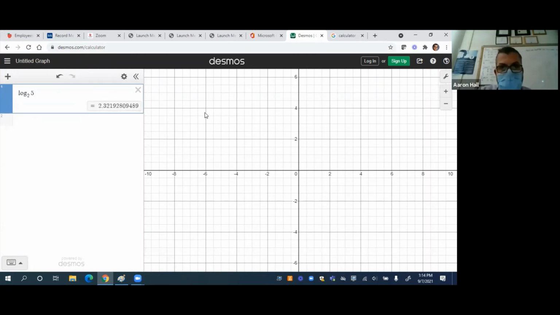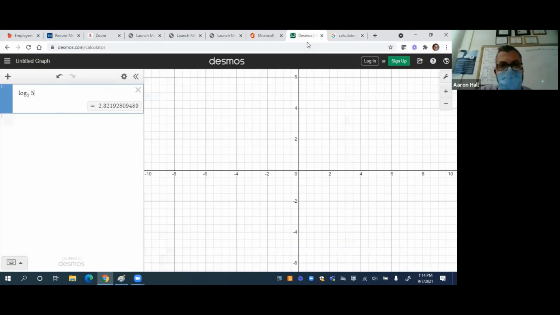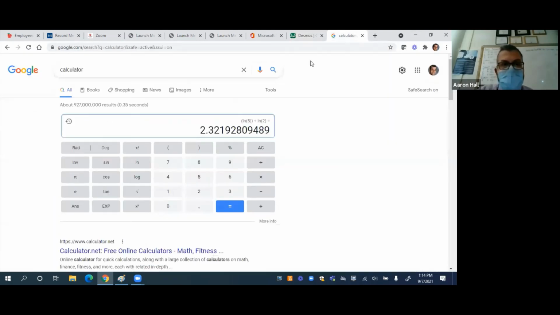Did that give me the same answer? 2.3219, 2.3219, is that the same? Yeah. So change of base formula. There are some other applications where things get really tricky with your math, and so using change of base formula can be helpful.